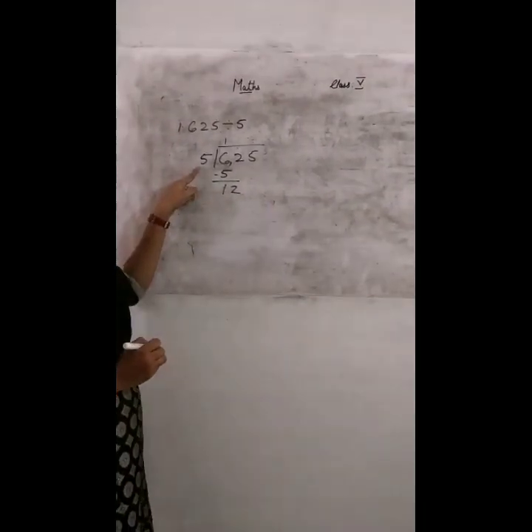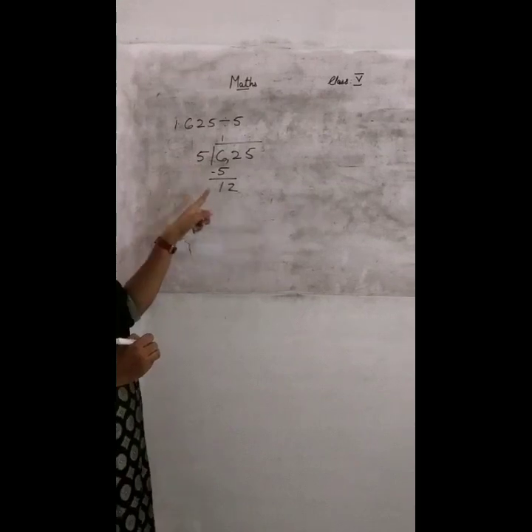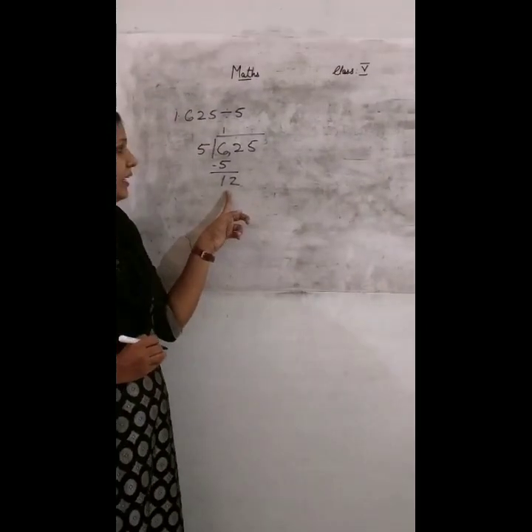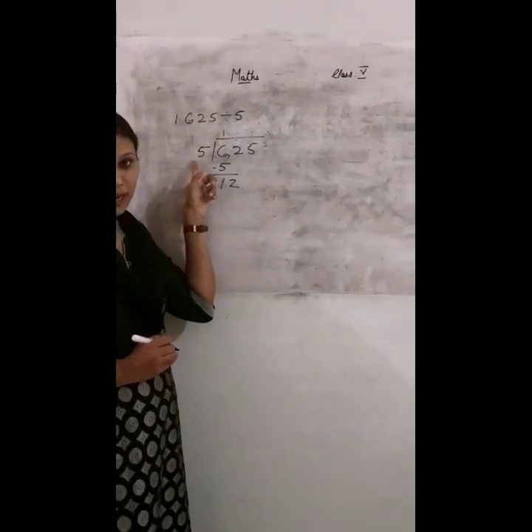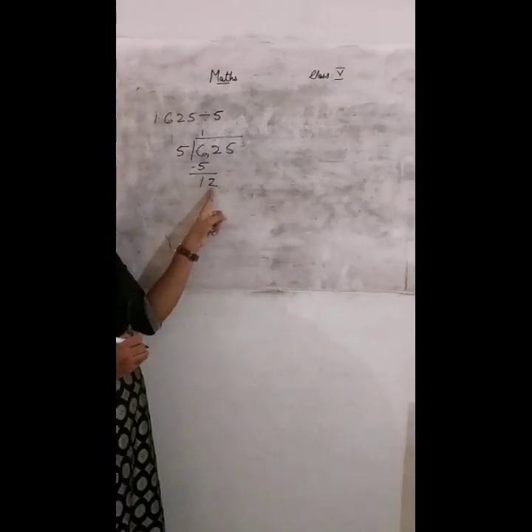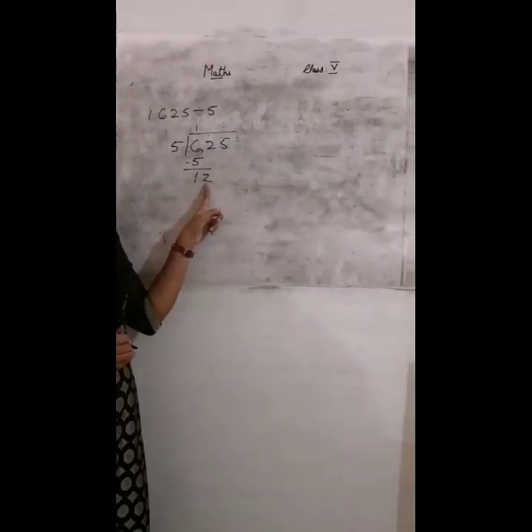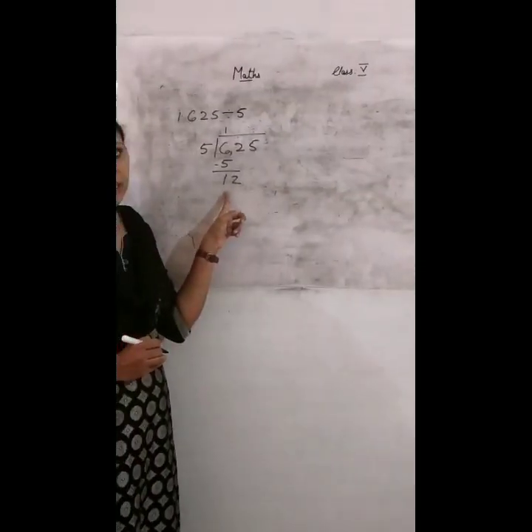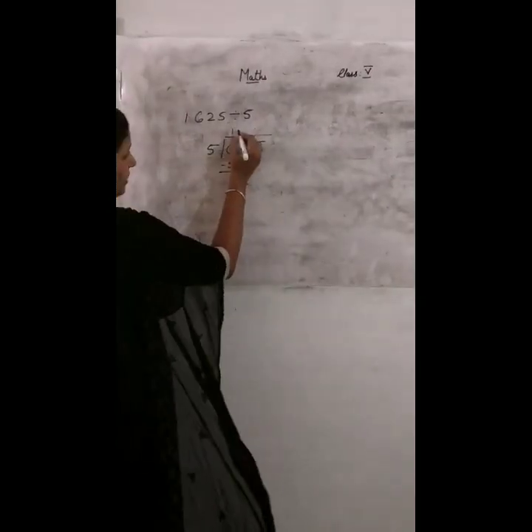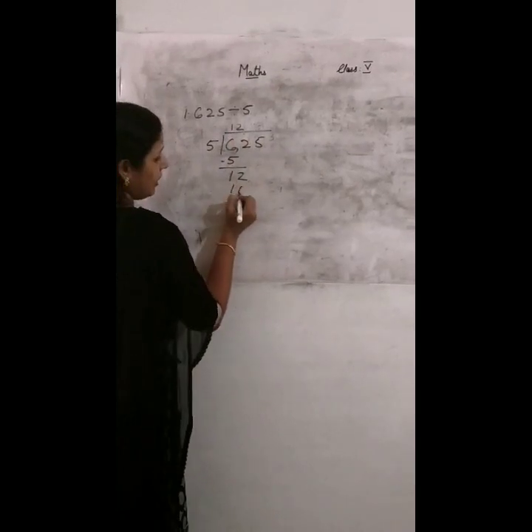Then we need to say this 5's multiplication table. We need the digit as 12 or less than 12. That is 1 5s are 5, 2 5s are 10, 3 5s are 15. But 15 is greater than 12. So we need 2 5s are 10.